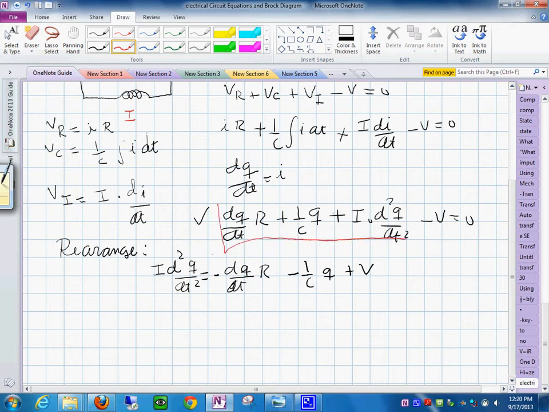But for the block diagram, we need to put the equation in terms of the highest derivative, and every other term there will be a summation. So that's the thing. Now, how in the world is this gonna work?